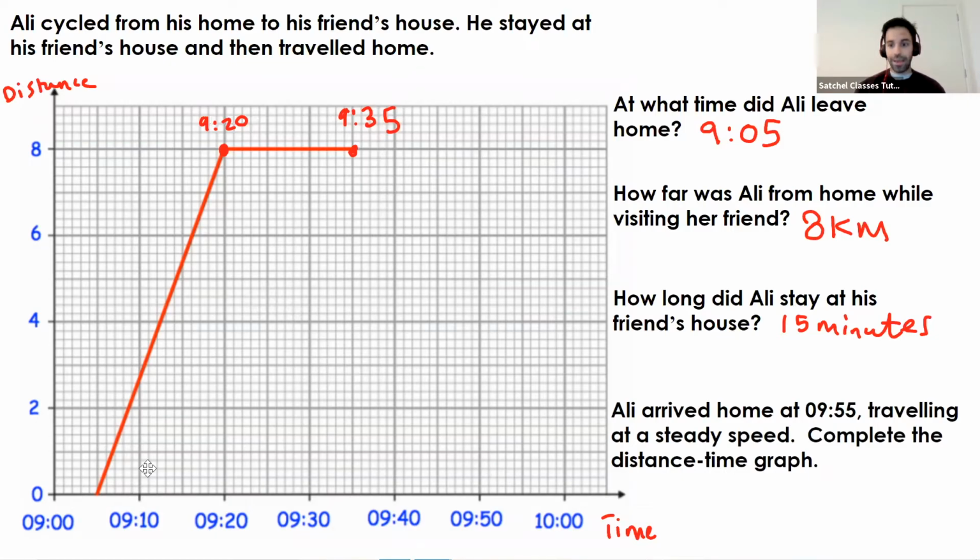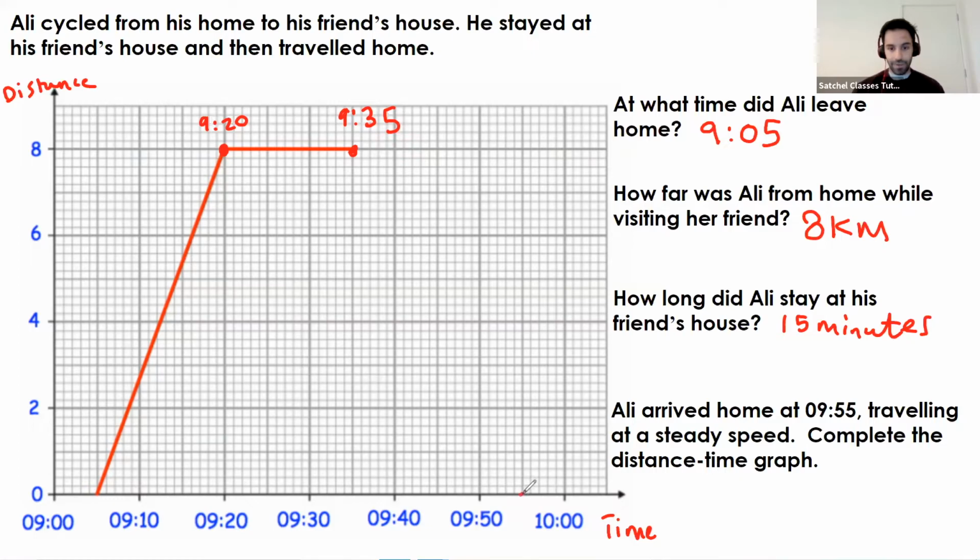And then the next question, it says, Ali arrived home at 9:55, traveling at a steady speed. So if he's traveling at a steady speed, we need to draw a straight line, because remember in the first slide we said a straight line indicates constant or steady speed. So it says complete the distance time graph. So if Ali arrived back home at 9:55, we need to make a point at 9:55. So that's 9:50.